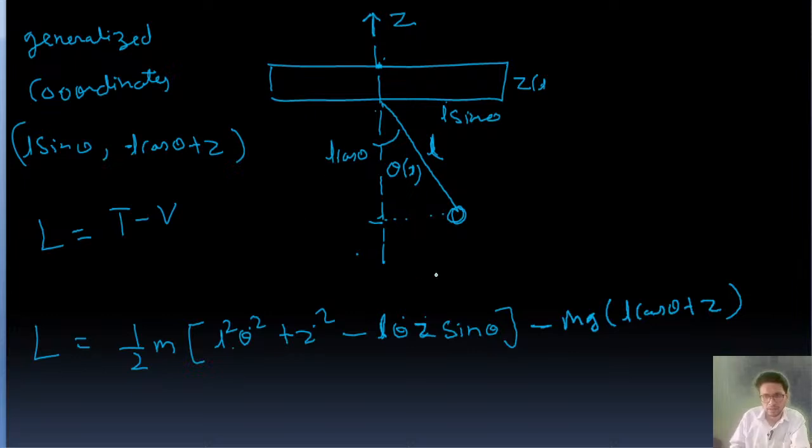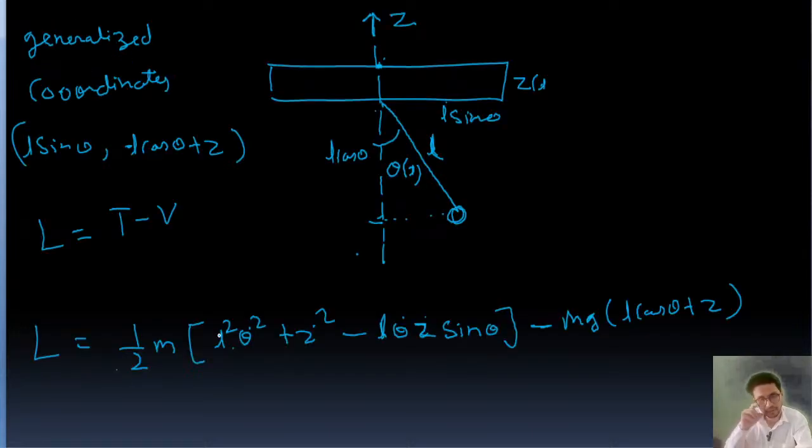Now we have to find the equation of motion, so we'll find del L over del theta dot. We have the Lagrangian: half m [L squared theta dot squared plus Z dot squared minus L theta dot Z dot sin theta], minus mg(L cos theta plus Z).